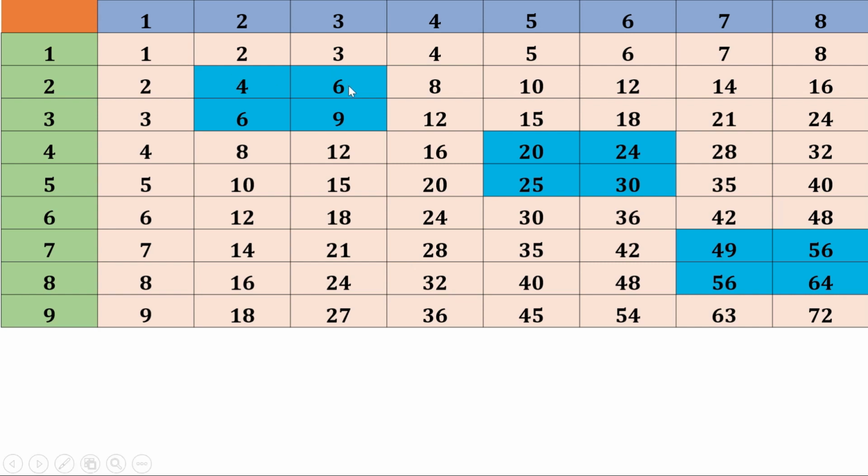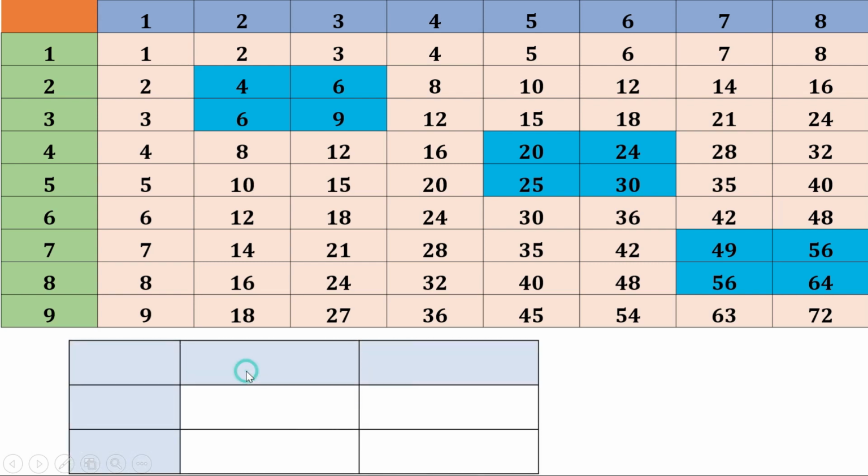Now when we take 4 numbers in a square, they are in 2 consecutive rows and in 2 consecutive columns. We can mark any 4 numbers in a square. Suppose 2 numbers are in the xth row, then where will be the other 2 numbers?